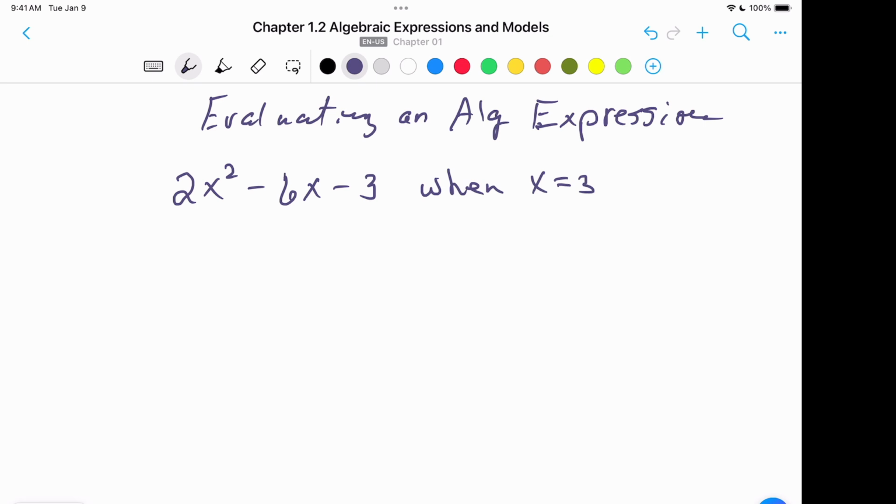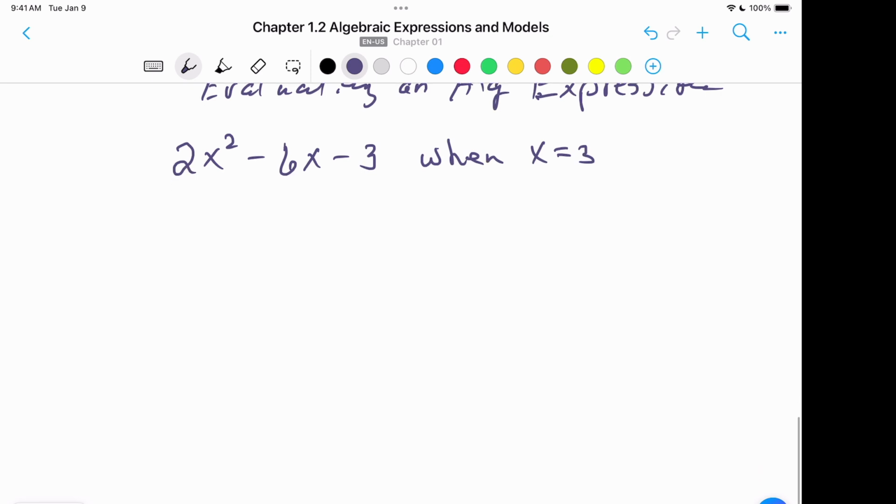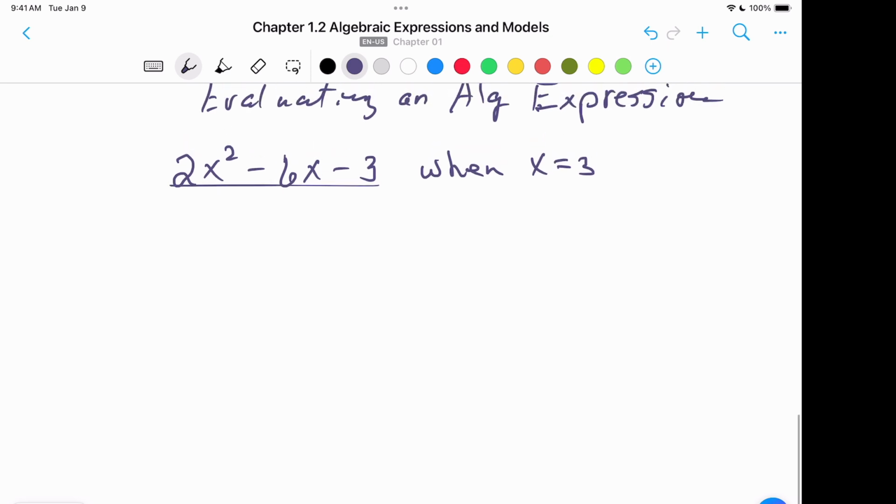Now, the first thing you do is you're going to go through this. You have your expression here. Everywhere you see an x, you're going to put a 3. So you're going to put a 2 times 3 squared minus 6 times 3 minus 3.